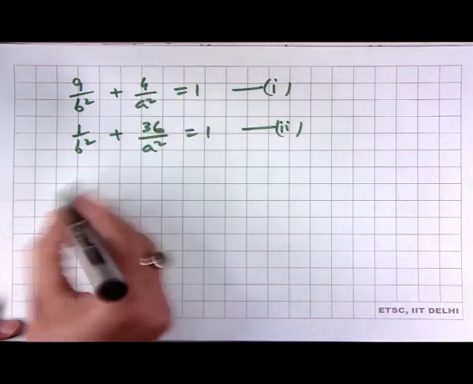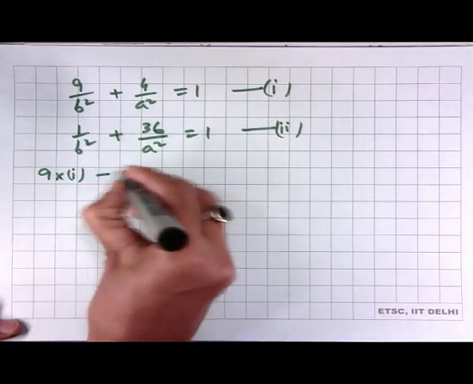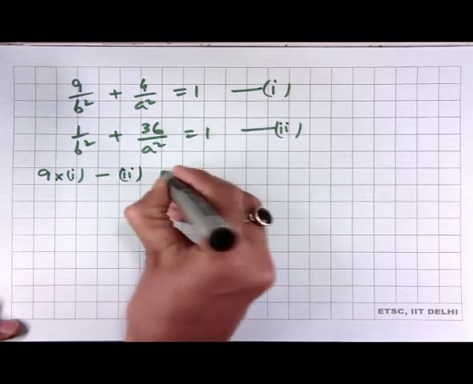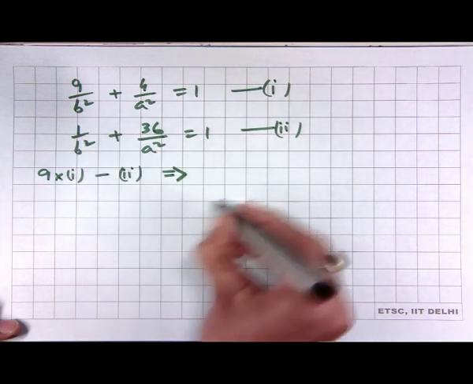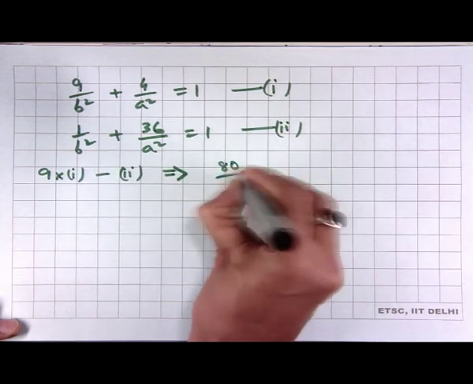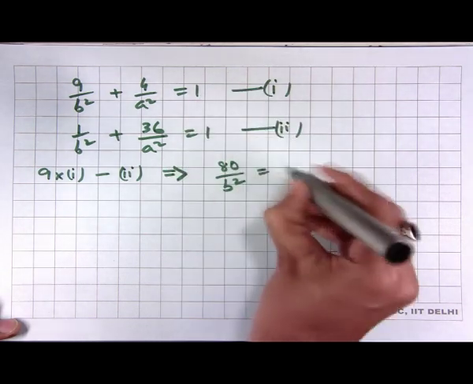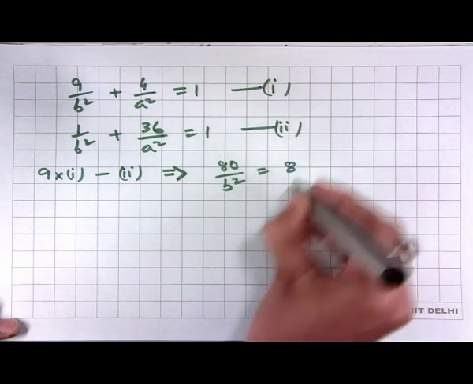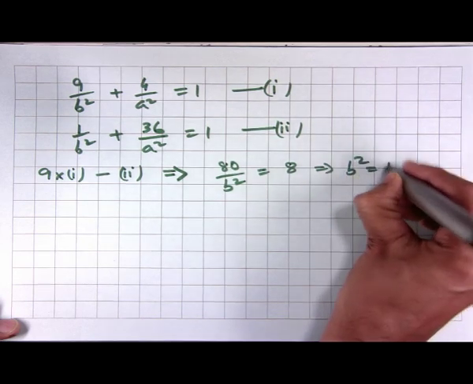So, if I do 9 times equation 1 minus equation 2, this will imply 81/b² - 1/b², so 80/b² = 9 - 1 = 8. This implies b² is equal to 10.